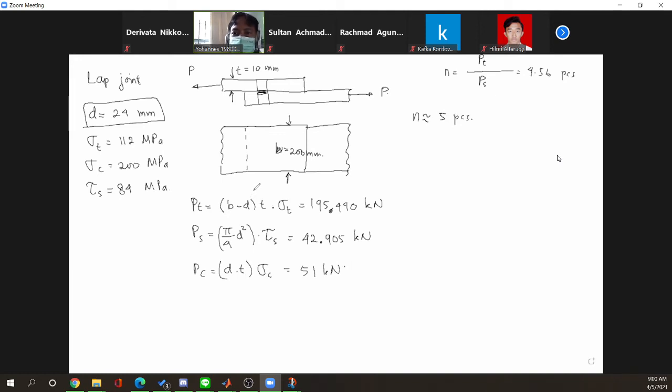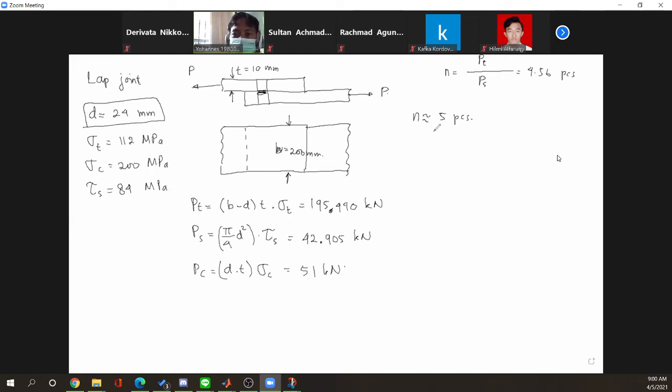Okay, because we choose 5 pieces of rivet, the shearing capacity will be higher than the tensile resistance. Okay, so next, in calculating the efficiency or the strength of each row, we will calculate only the tensile resistance.